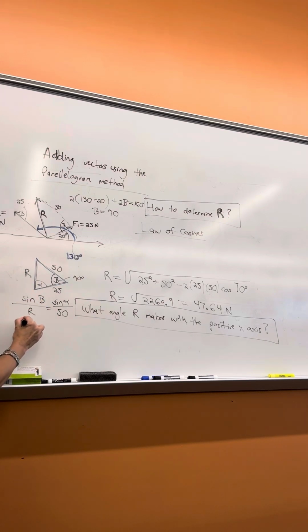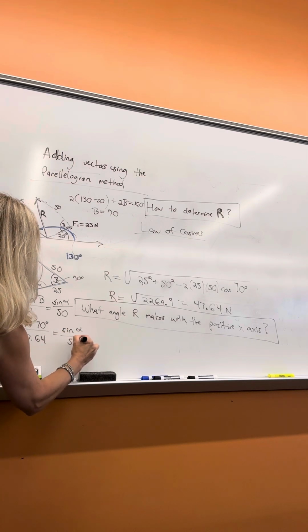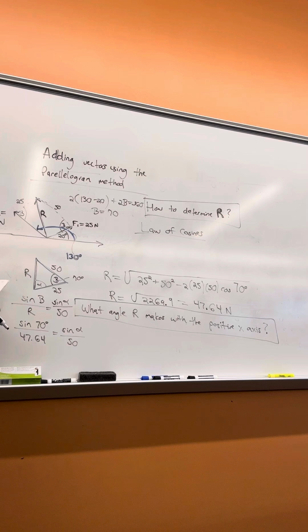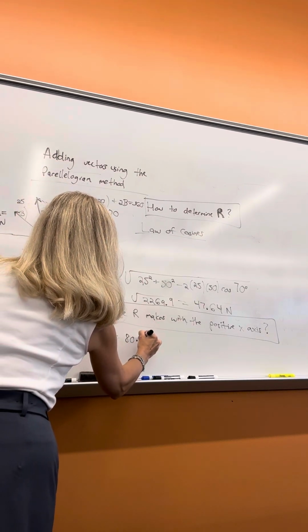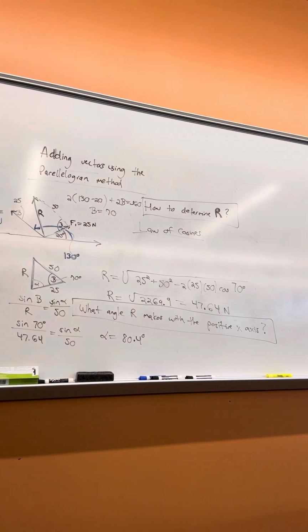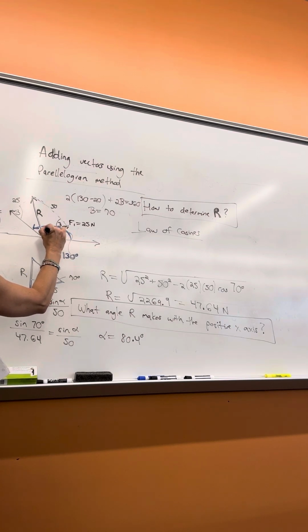So we know that beta is 70 degrees, so we have the sine of 70 degrees over 47.64 equals the sine of alpha over 50, and you can solve that to get alpha equals 80.4 degrees. Everybody see what I did there? Okay, so we now got this angle here, alpha.